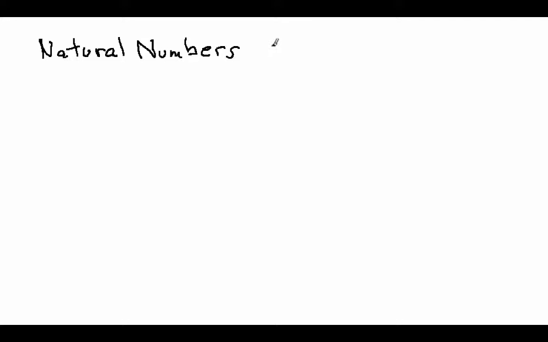Very frequently in mathematics, you'll see that written as N, and sometimes people make it a double line over there at the beginning. And the natural numbers are 1, 2, 3, and it goes on forever and ever like that. Notice that it starts at the number 1.